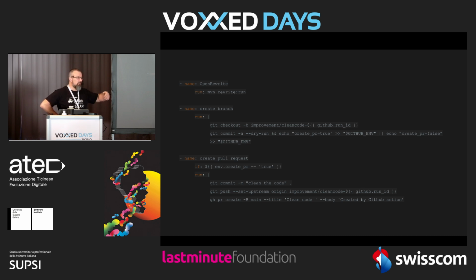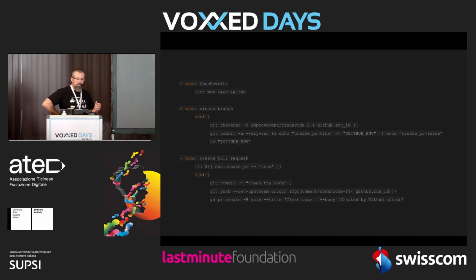And if files are changed, it opens another PR, a sort of cleanup PR or chore PR, call it whatever, with the best name you want. And so you just have to approve and merge it to have the code also cleaned.